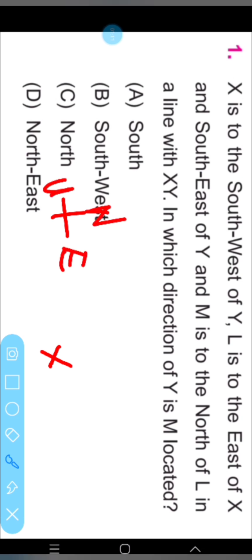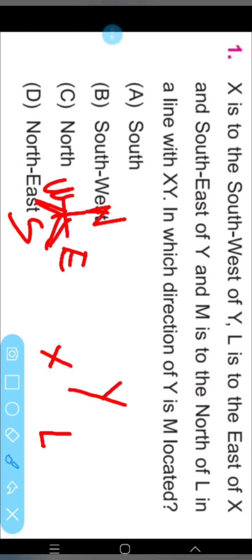Now this is X. Now X is in the southwest of Y, so southwest is this, okay, so here will be Y. Now L is to the east of X and southeast of Y, so east of X over here, basically this is east, so east of Y, east of X maybe here, and southeast of Y, southeast is here, so this is correct.